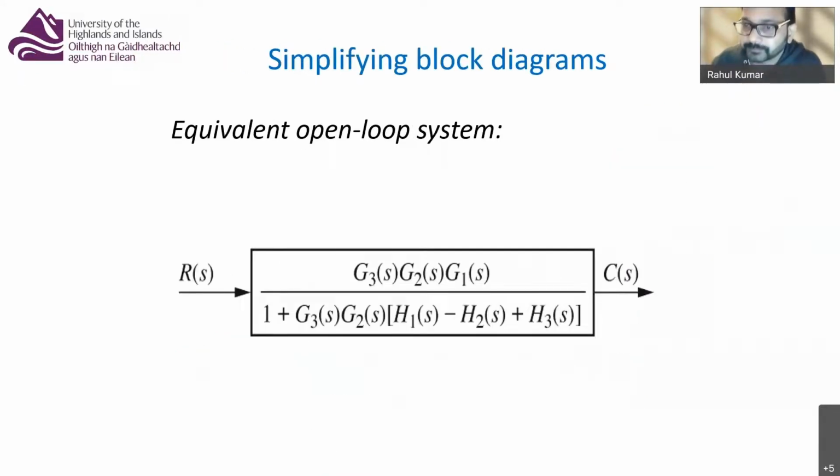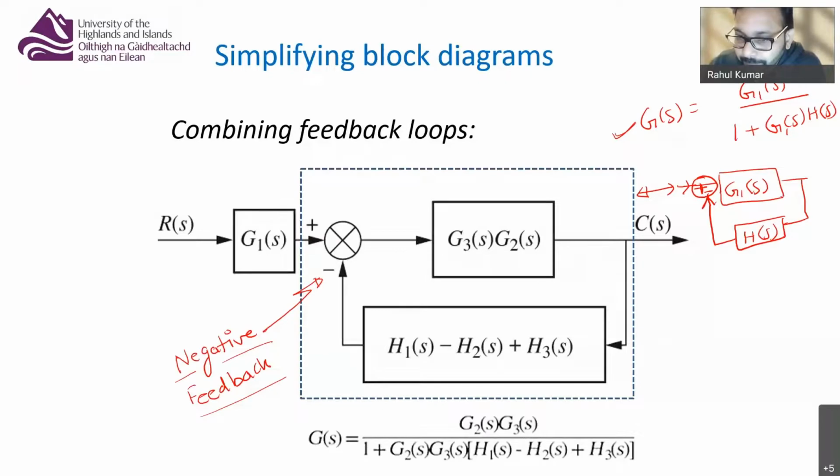So let's see. Again, I have skipped one step. So basically if I replace, what I will get is this type of block, G1 of S, and now since I have calculated the equivalent transfer function, I can replace the entire closed loop system by G of S, right?